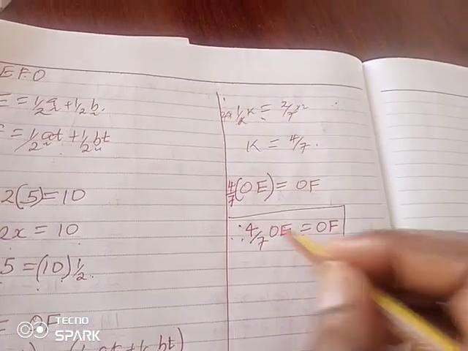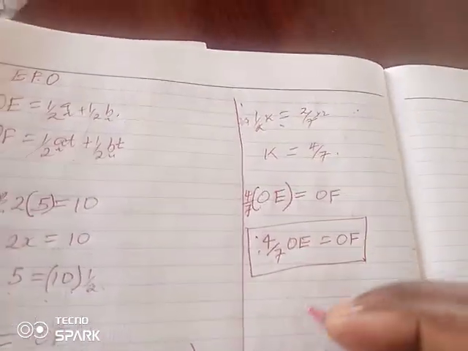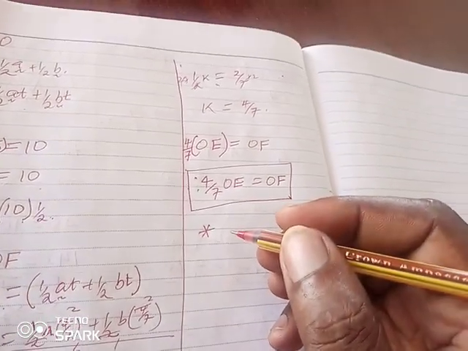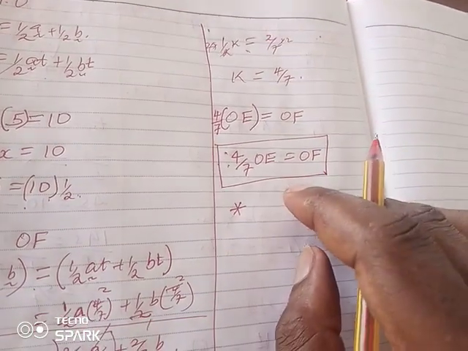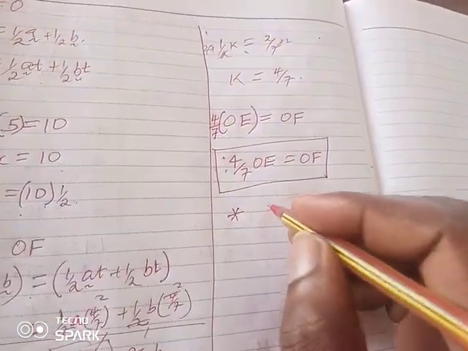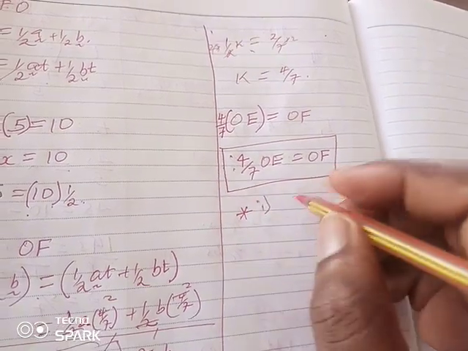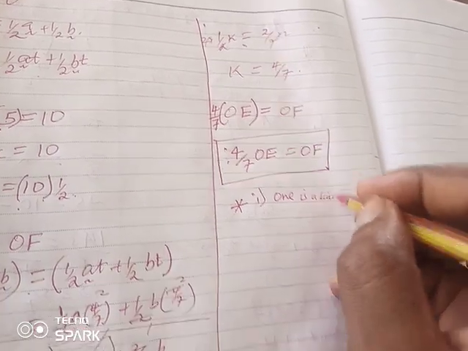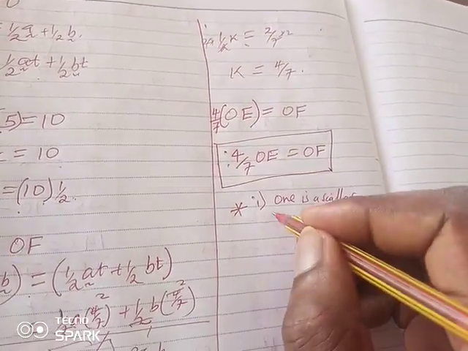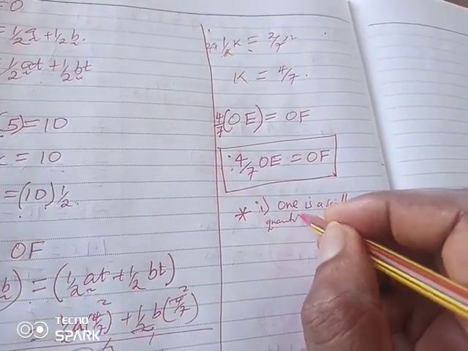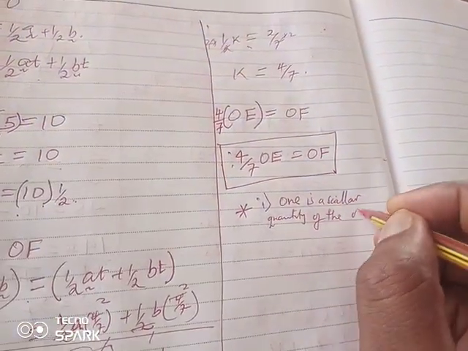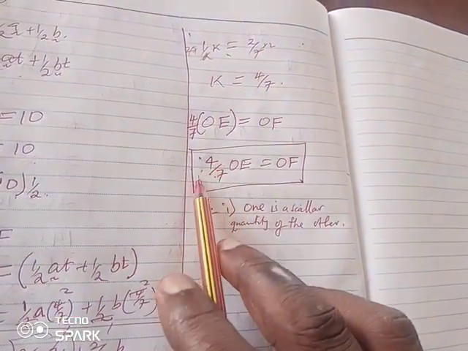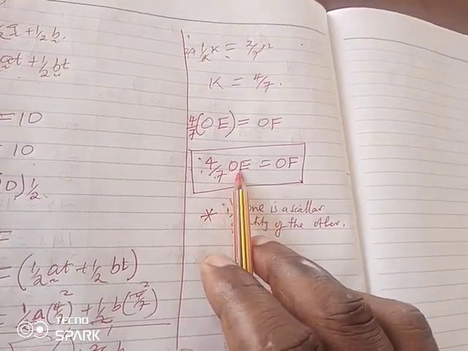And therefore, because this is true, it satisfies the two laws that say points are said to be collinear only if, number one, one is a scalar quantity of the other, as in this case, they can be related in the form 4 out of 7 of OE is equal to the other.